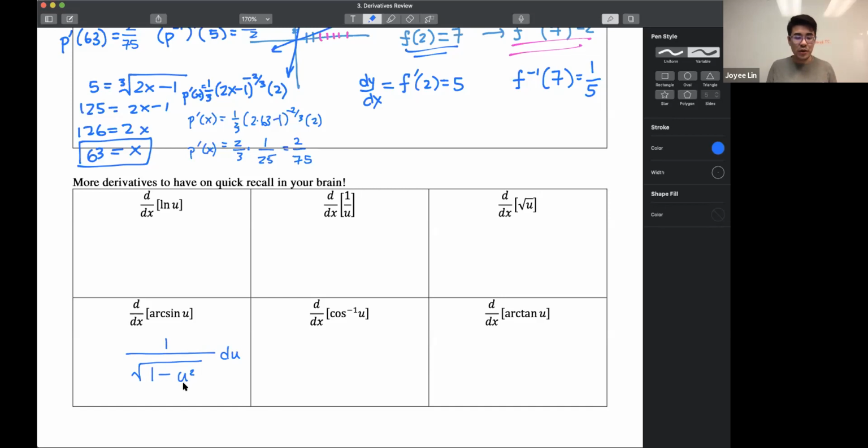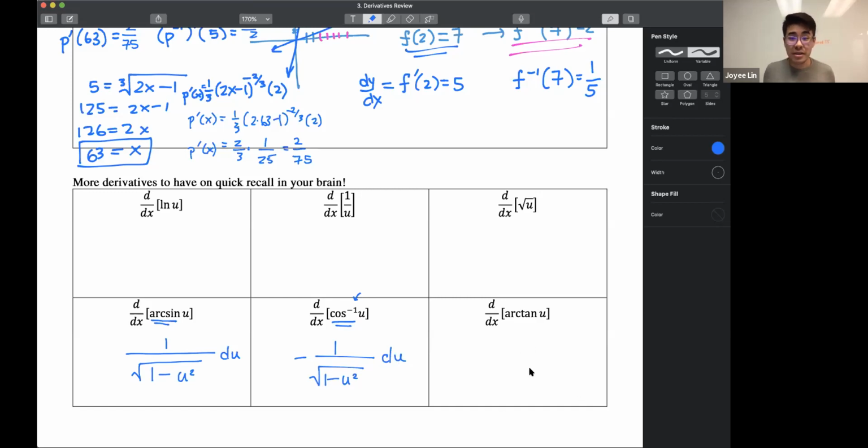1 over rad of 1 minus u squared du. I'm not going to show the proof because that would take forever. Just have these. And note that arc cosine and arc sine can be written either using the letters ARC or using the -1 exponent. So this is going to be negative 1 over rad 1 minus u squared du.